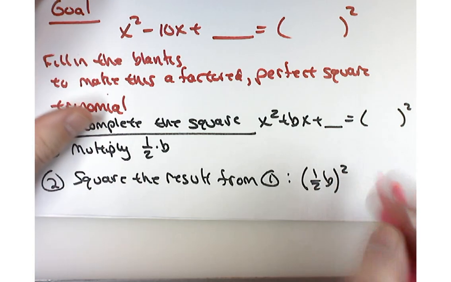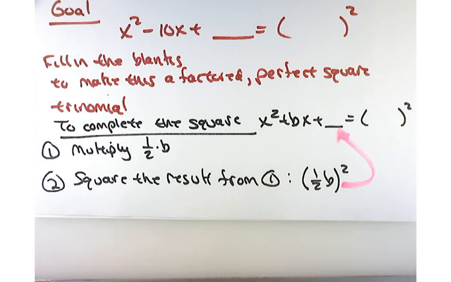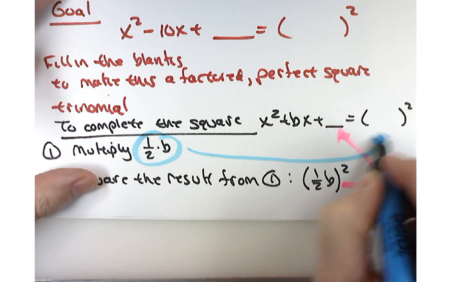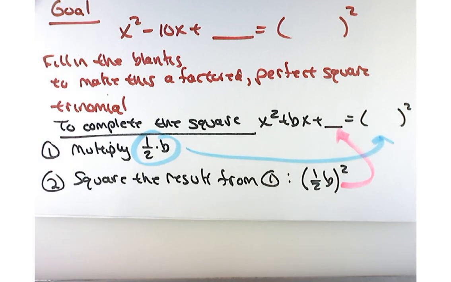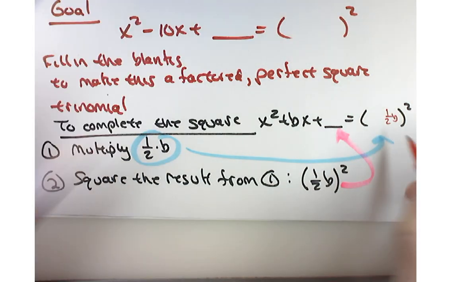Now the (1/2 b) squared term is going to go right there. And then over here, I'm going to have 1/2 b like that.